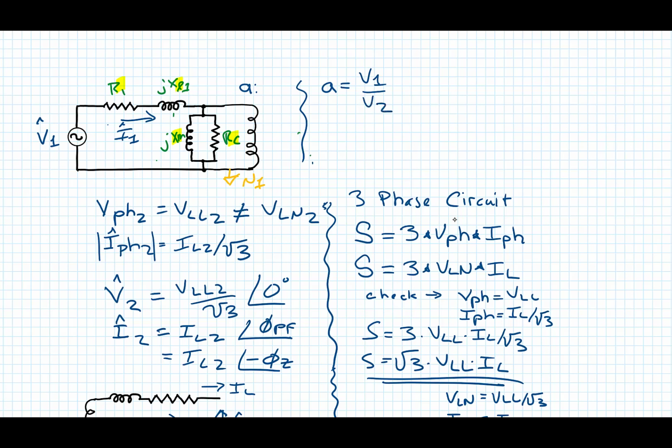So the primary voltage in our equivalent line to neutral circuit is V line to line 1 divided by square root of 3. And the secondary voltage, or V2, on our line to neutral circuit is V line to line 2 divided by square root of 3. So A equals V line to line 1 over V line to line 2.